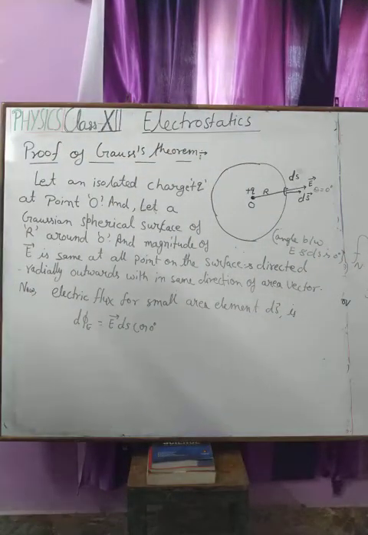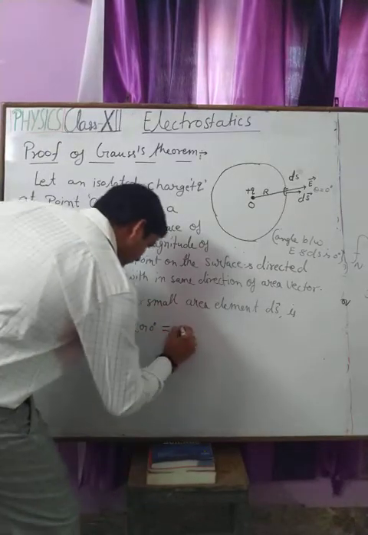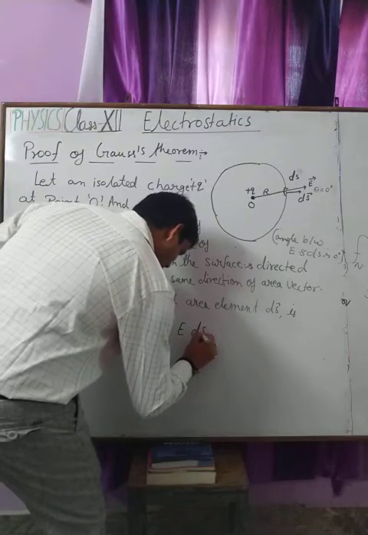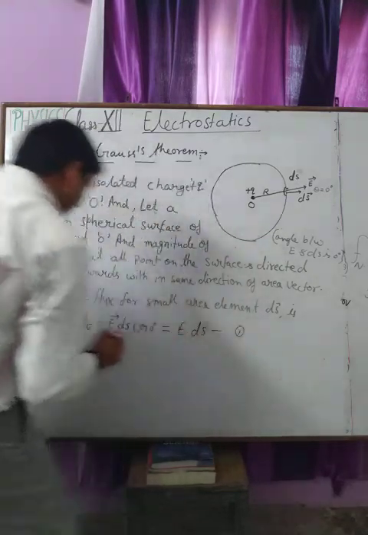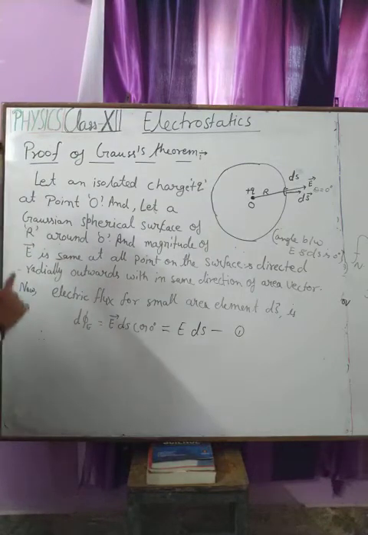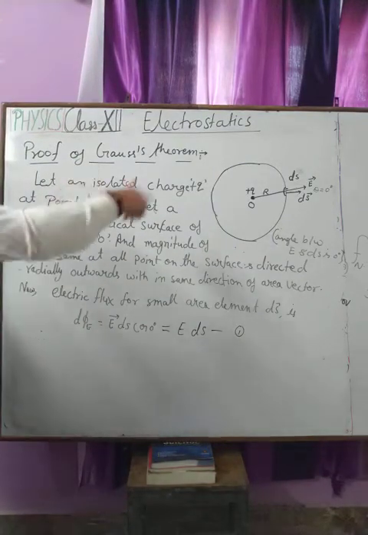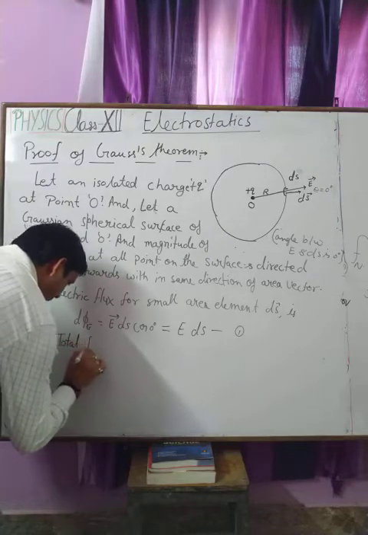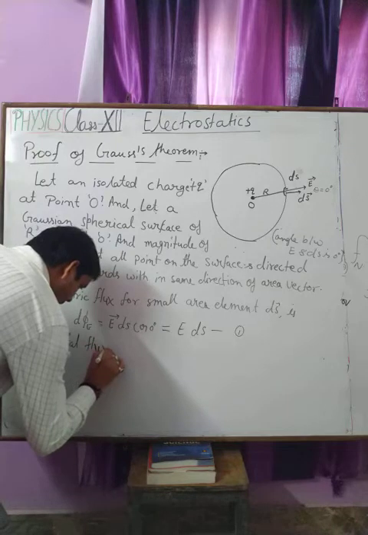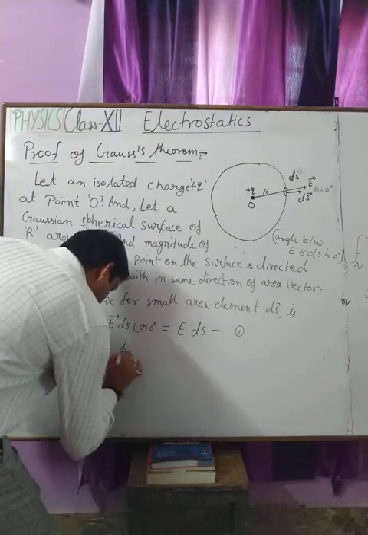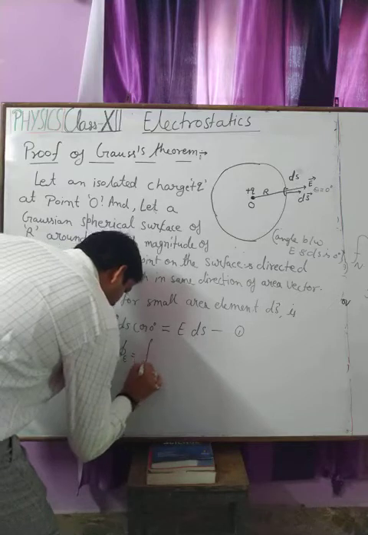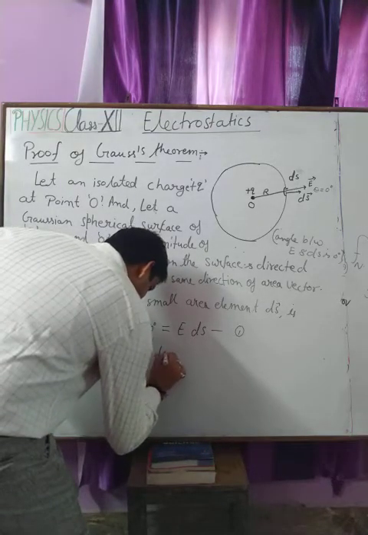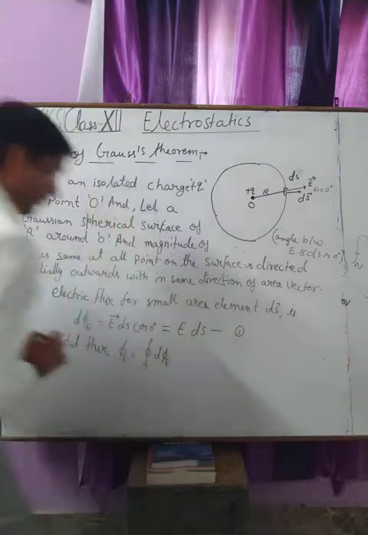So we are getting this value E dS, equation first. Therefore the total flux passing through the surface, φE, is equal to the closed integral over the surface of dφE.